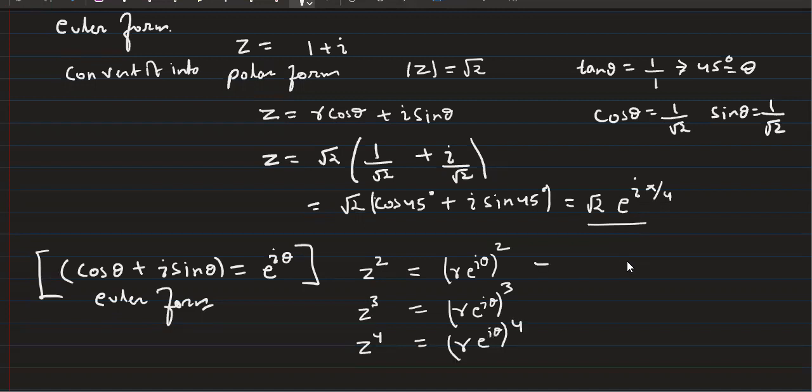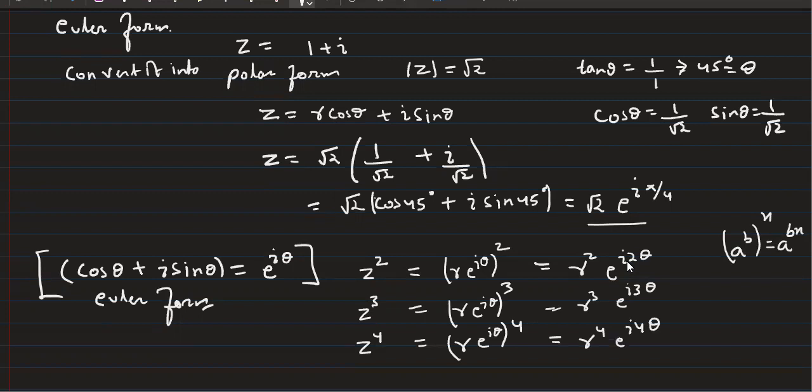So this is nothing but r square e to the power i2 theta, r cube e to the power i3 theta, because obviously we know the property a to the power b to the whole power x is equal to a to the power bx. Everyone knows this property? So this will be r to the power 4 e to the power i4 theta. Got it?